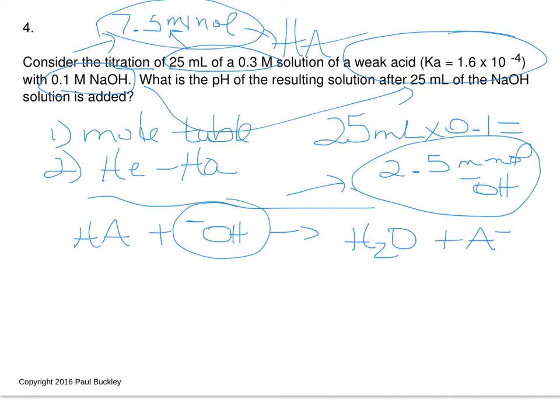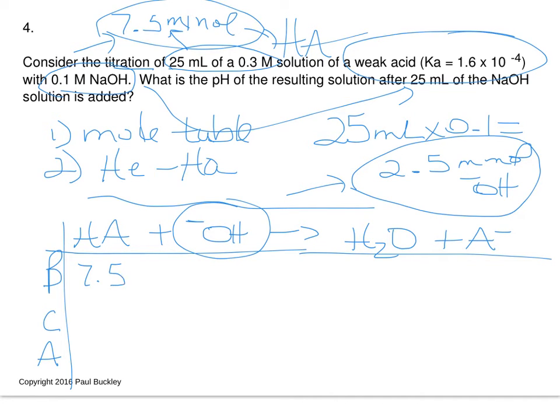All right, so now we can set up our mole table. Put before, change, and after. So the original moles of the acid is 7.5 millimoles, and the moles added of the base are 2.5. Remember now, however much of the titrant, in this case the base, you add gets subtracted.